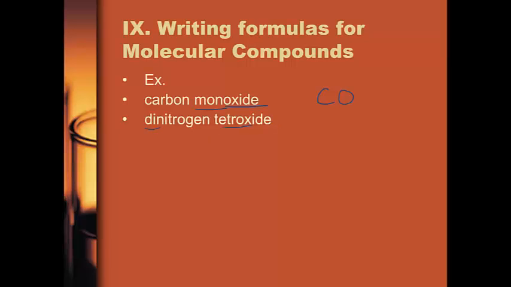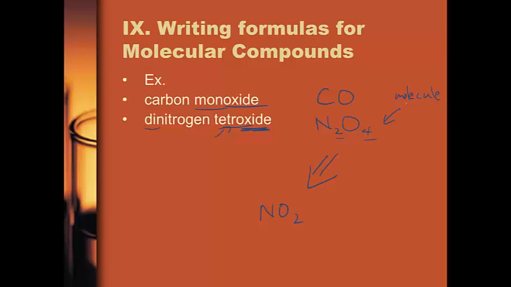Dinitrogen tetroxide. Nitrogen is N. There's two of them. Tetroxide, oxide is O, or oxygen. Tetra means four. Now this is a molecule. You cannot reduce the formulas. This cannot become NO2.